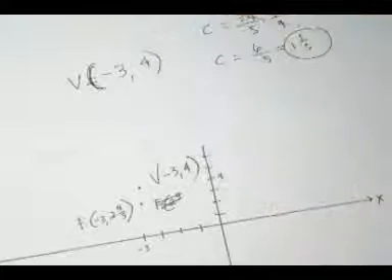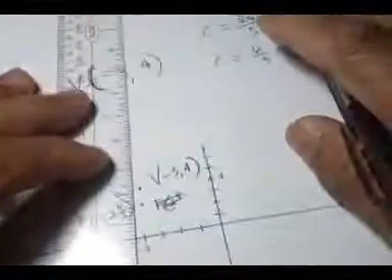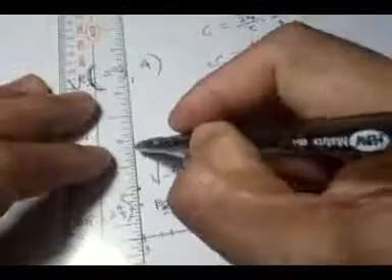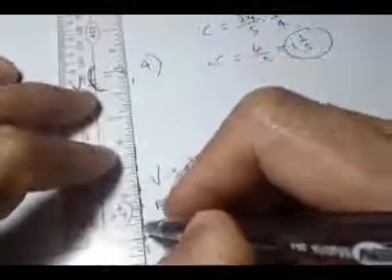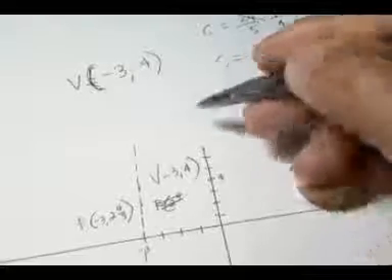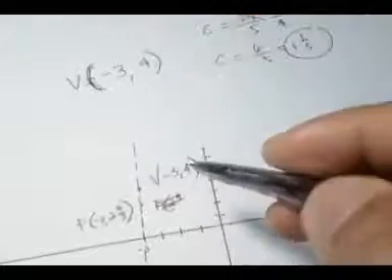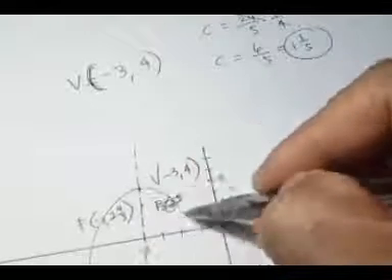This is our axis of symmetry, passing through the vertex and focus. And this is our vertex. So the graph looks like this, opening downward.